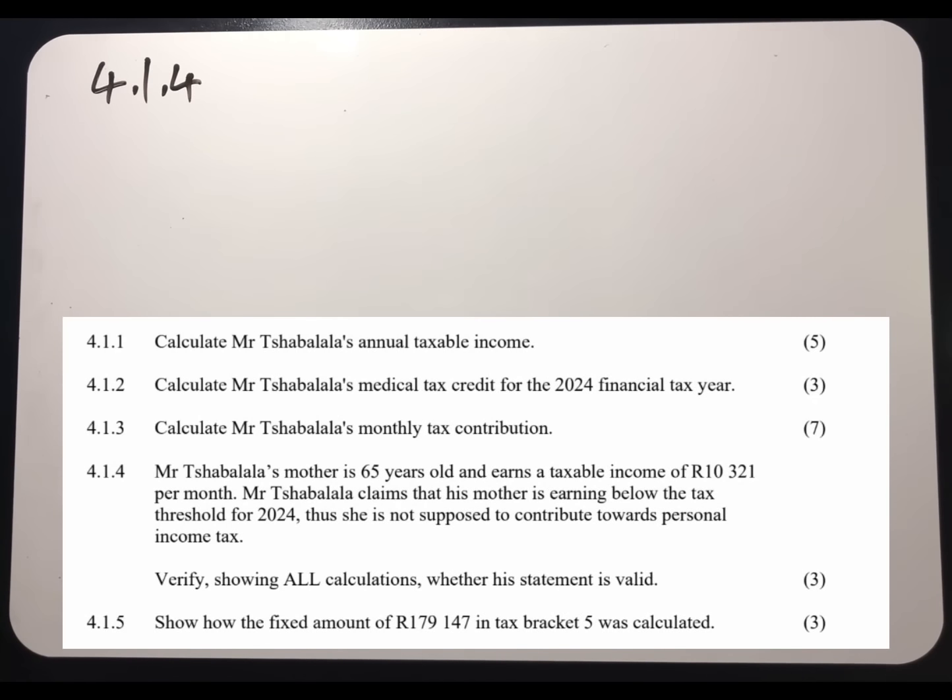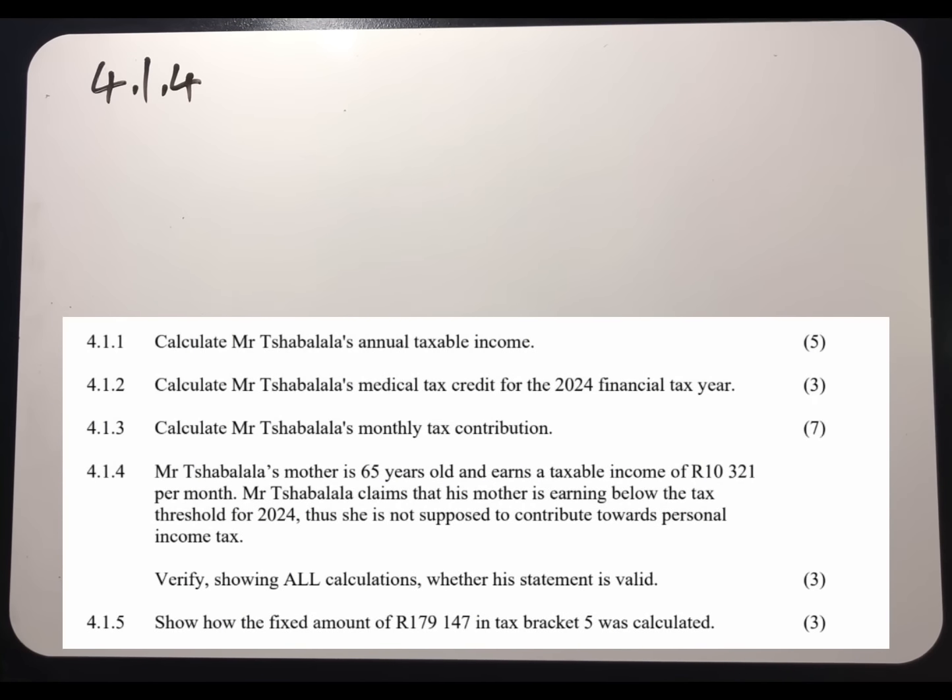Moving to the next question, which is 4.1.4. Mr. Chawalala's mother is 65 years old with a taxable income of 10,321 rands per month. Mr. Chawalala claimed that his mother is earning below the tax threshold for 2024, thus she is not supposed to contribute towards personal tax.